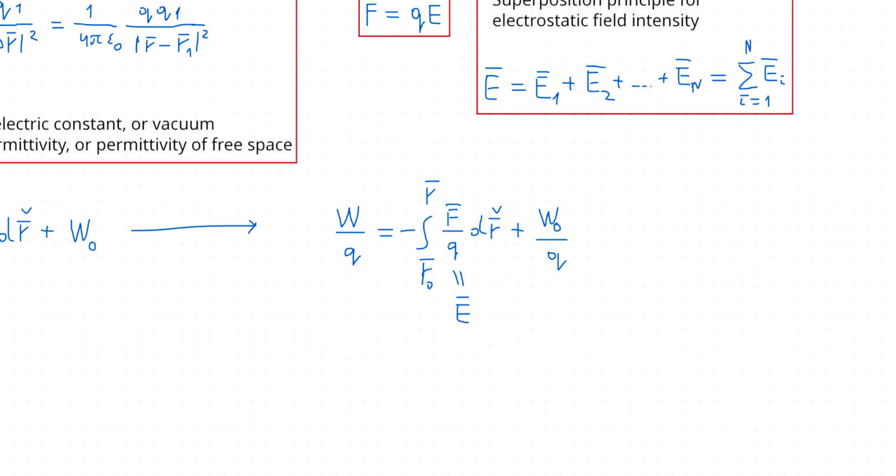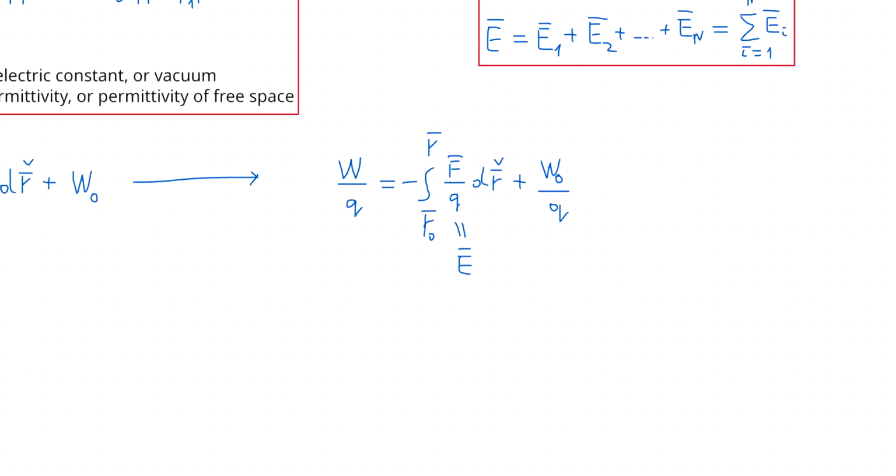Okay, and what about potential energy divided by charge? Potential energy of charge q divided by this charge. For this relation, we can define a new physical value that is known as electrostatic potential.